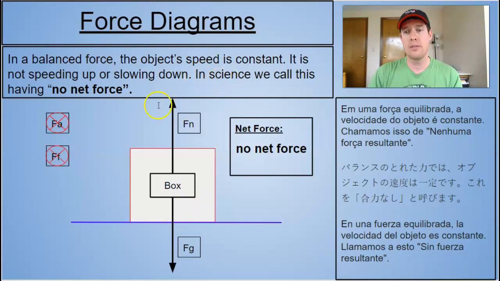In science, we call this having no net force. There is no net force. If we took this, subtract this, we get 0. There's no plus, there's no minus, there's 0. So both of these forces are canceling each other out, and we then say that this situation has no net force. The object's speed is remaining the same.